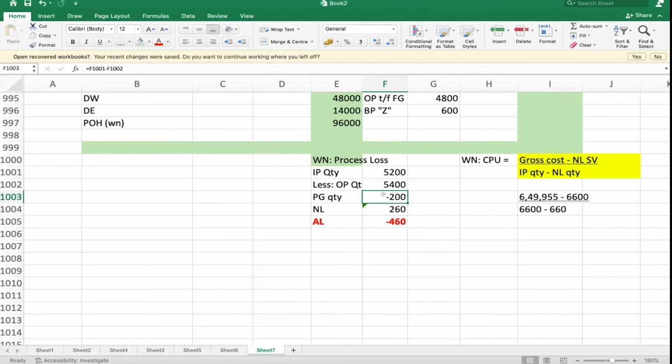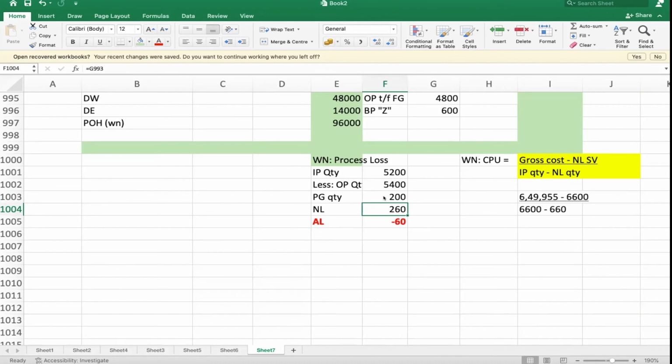Mathematically, you can't put a minus sign on 200. The 200 quantity is a plus only. It's a gain. We got it produced because of the efficiency of the process, because of the input quantity, because of various other factors. The 200 quantity is abnormal gain for the process.